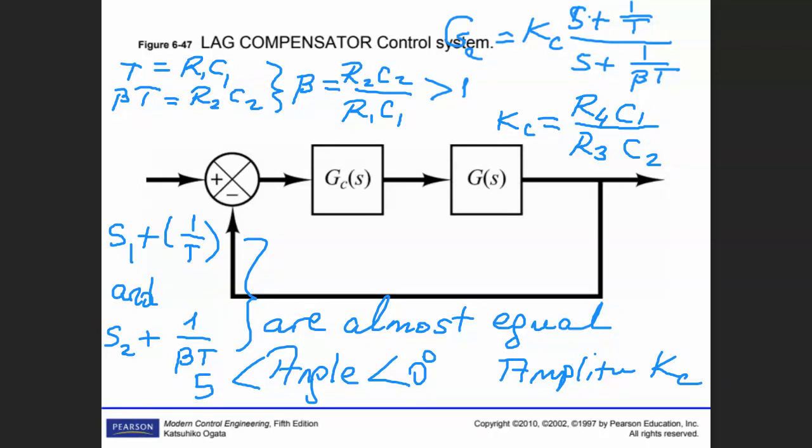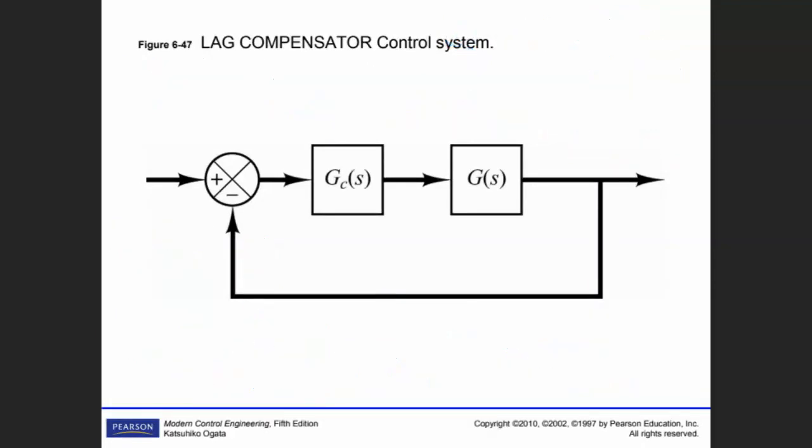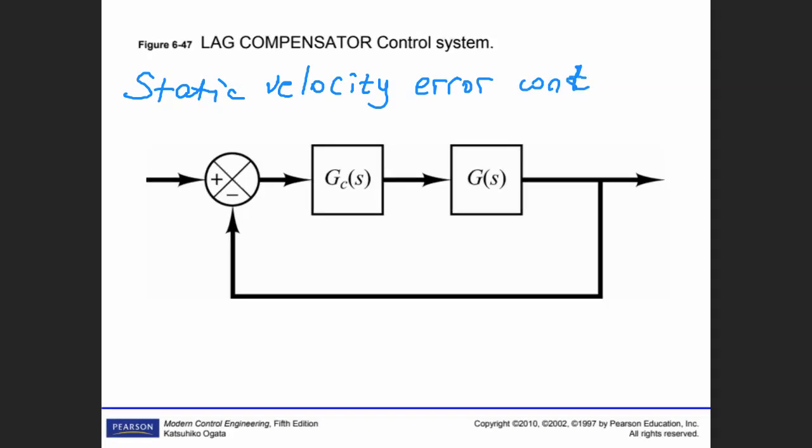I said steady state error is important. So for steady state, by the way, the static velocity error constant, which is Kv.